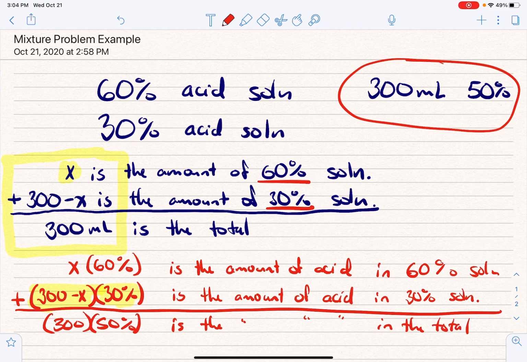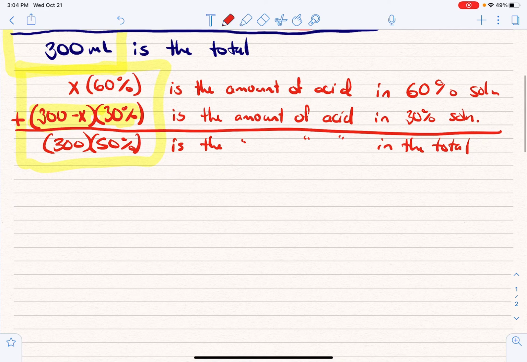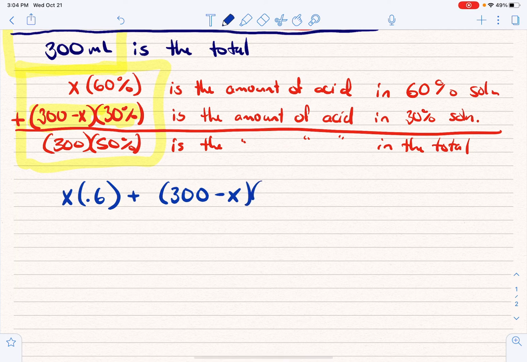Now I take this part and make an equation out of it. That means x times 0.6, because that's 60%, plus 300 minus x times 0.3, that's 30%, must equal 300 times 0.5, that's 50%.